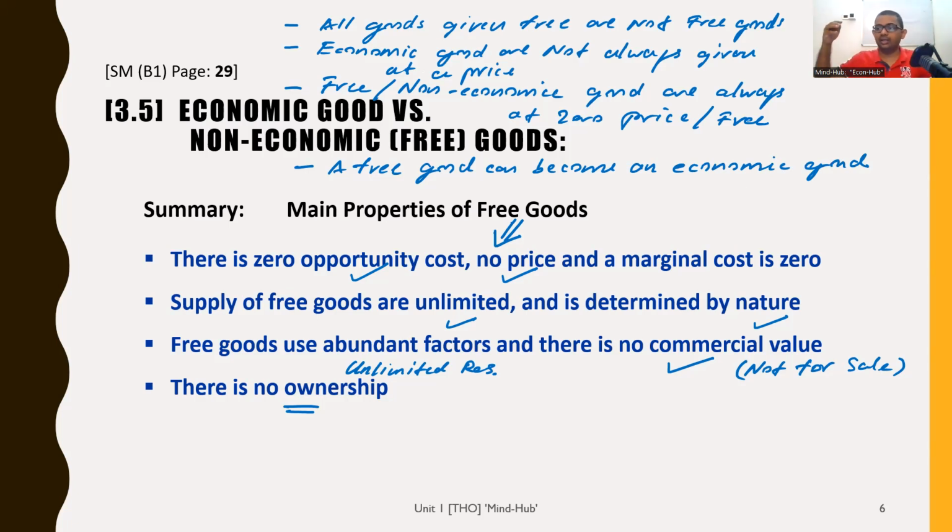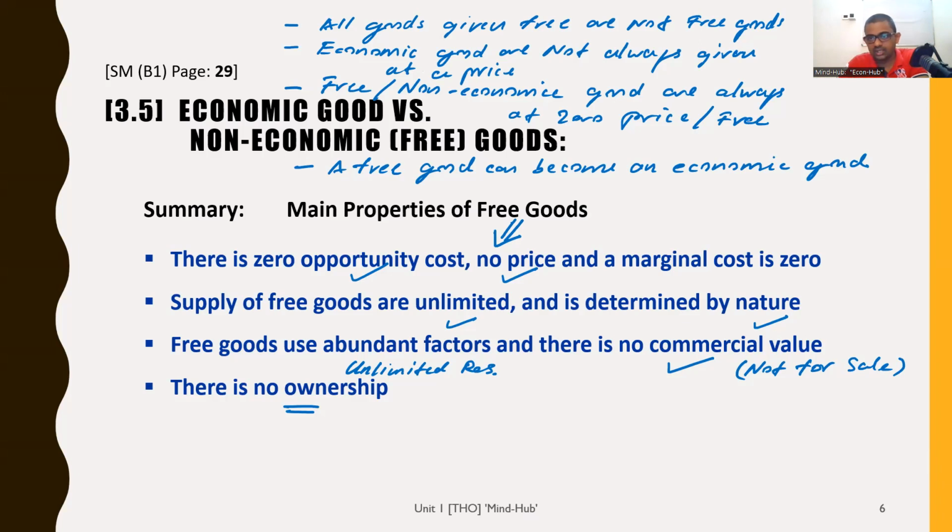If you are going diving in the deep sea, you need oxygen, no? But then you take the oxygen in oxygen cylinders, tanks, on your back. So the oxygen in those cylinders or tanks is not free. They are an economic good. Through a production process, we have made the tanks, the cylinders, filled them with oxygen and all that. So it's an economic good.